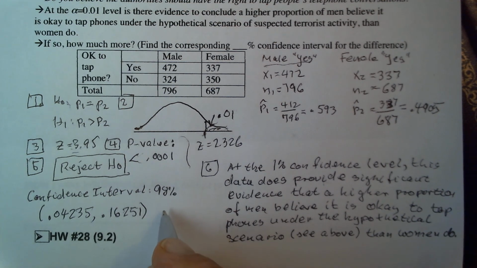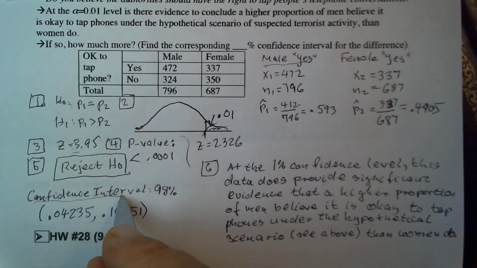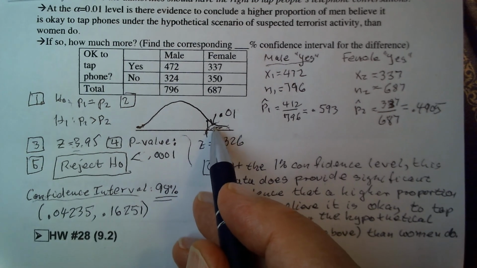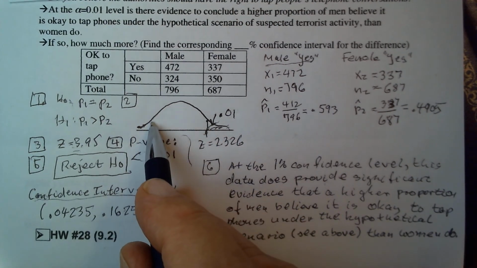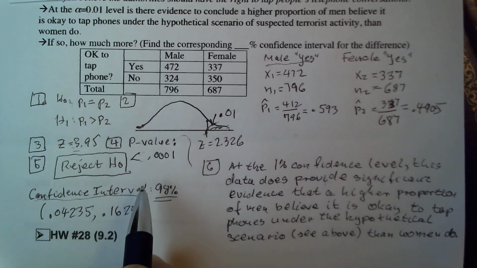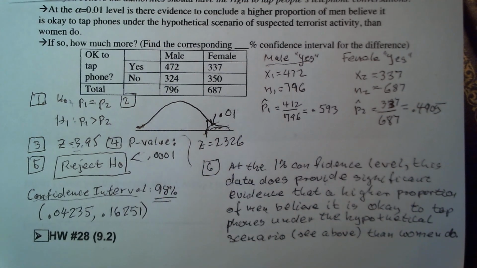So that's what the confidence interval tells us. And remember, it's got to be 98% because we need to balance the 1% on one side with the 1% on the other side. So we have 98% in the middle for the confidence interval. This concludes section 9.2.